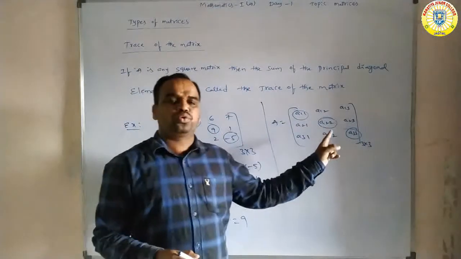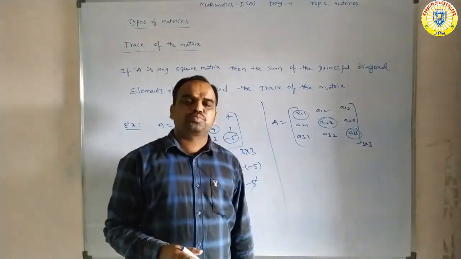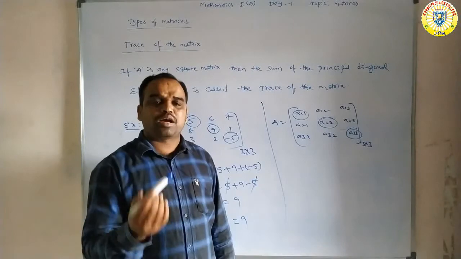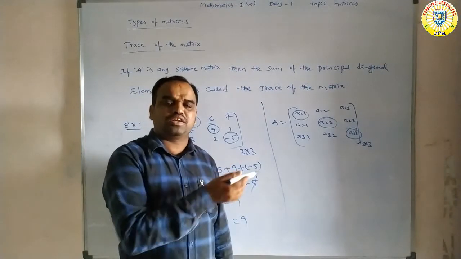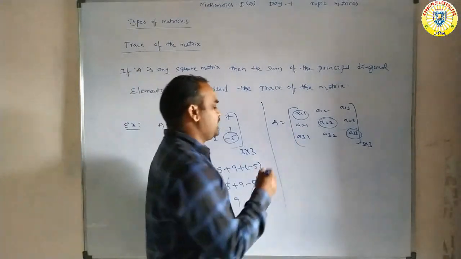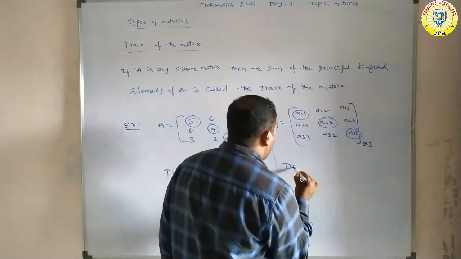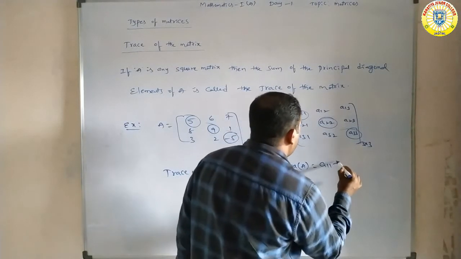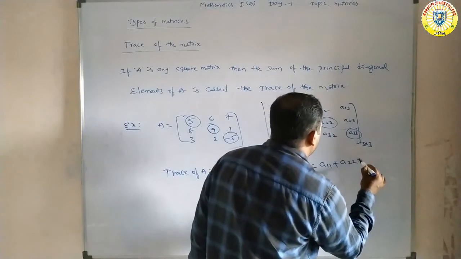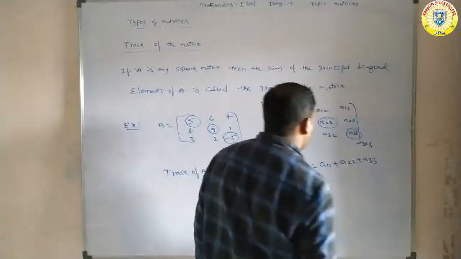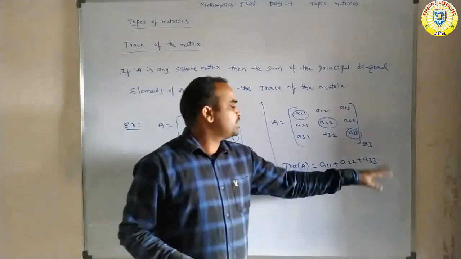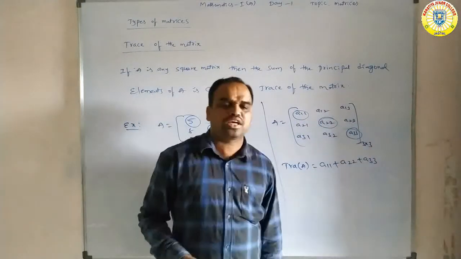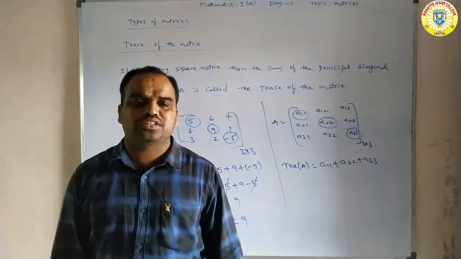The sum of the principal diagonal elements is called the trace of the matrix. Here tr(A) is nothing but a11 plus a22 plus a33. The sum of the principal diagonal elements is called the trace of the matrix. All of you write this one.